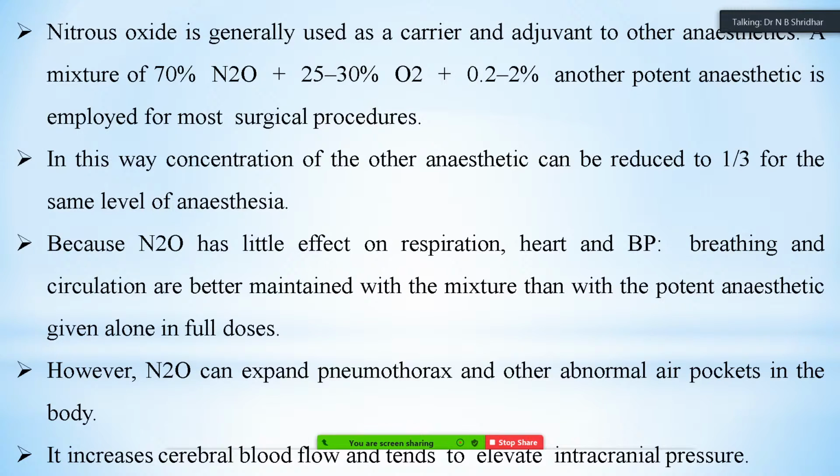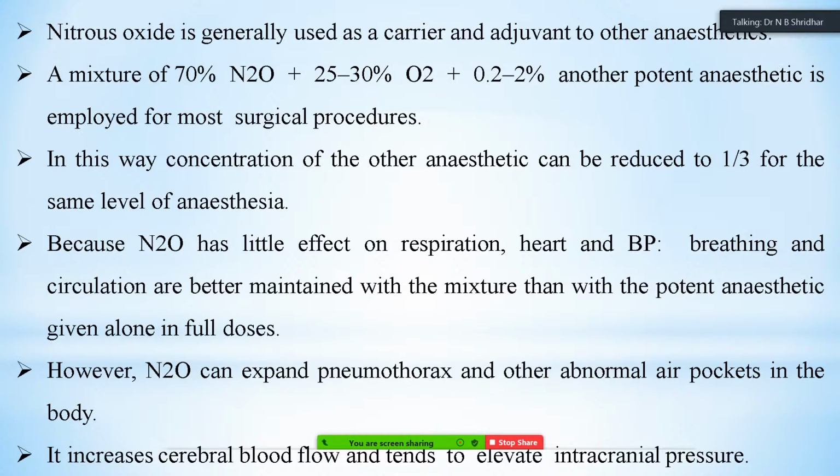The thoracic cavity will accumulate air if nitrous oxide is used. It also increases cerebral blood flow and tends to elevate intracranial pressure. Of course, this is not required, especially intracranial pressure should not be increased.